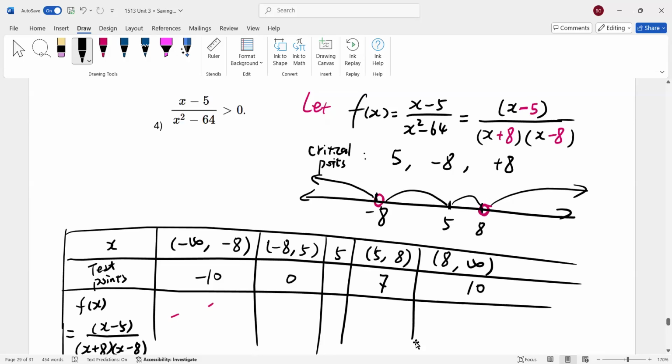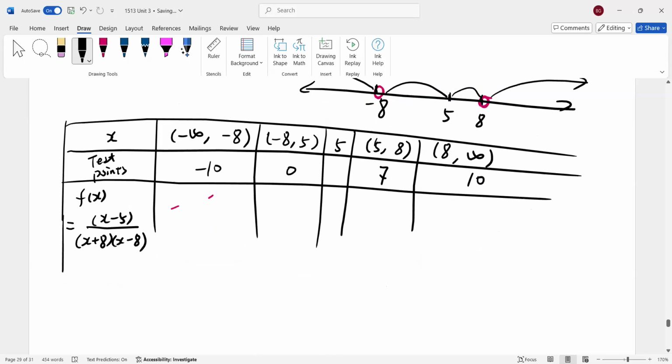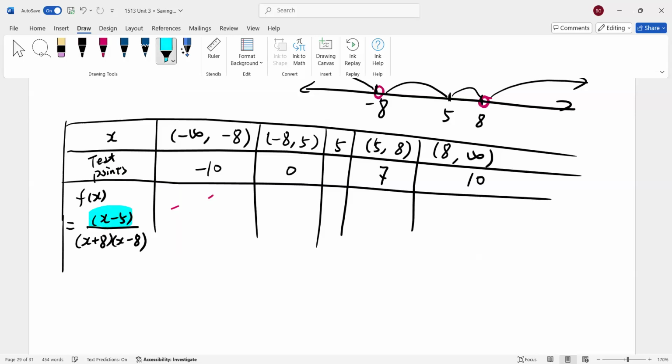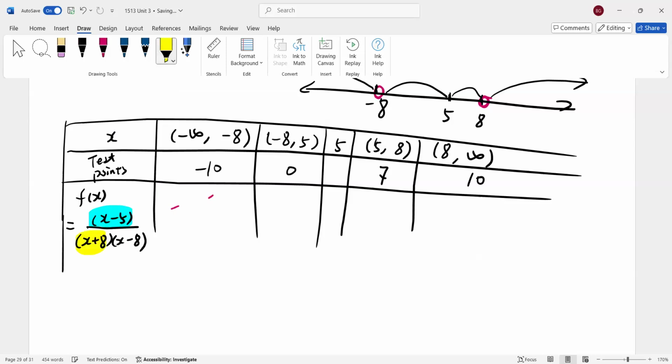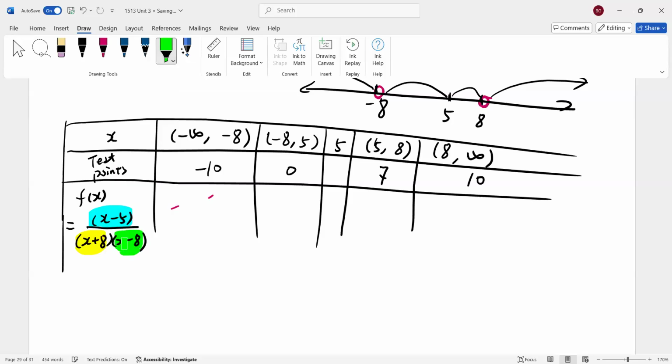When I say factored form, I mean I factor the numerator, also the denominator: x minus 5, x plus 8, x minus 8. I'm going to highlight the color for the 3 parts. Blue is the top factor. Yellow is the x plus 8. Green is the x minus 8. Okay.